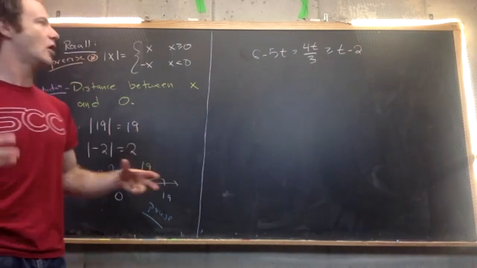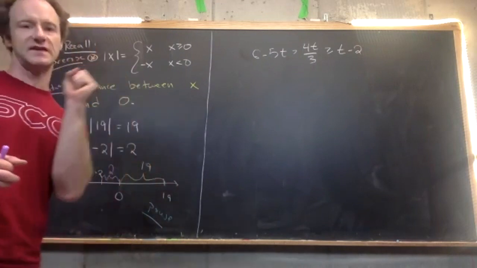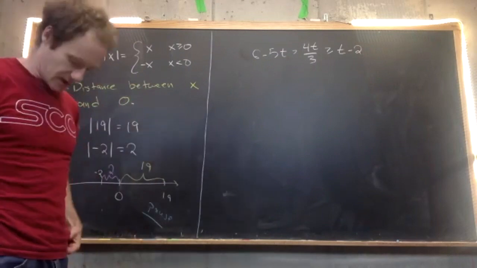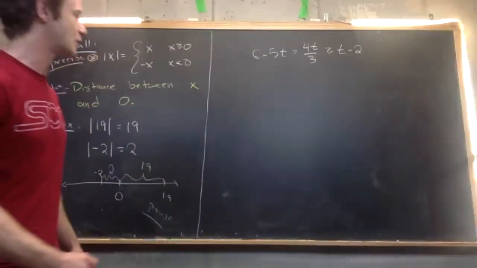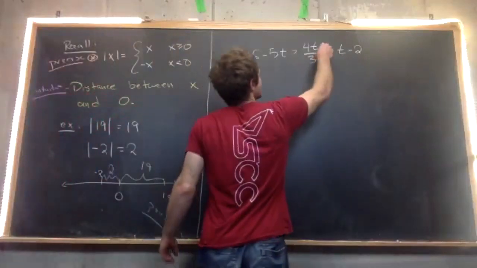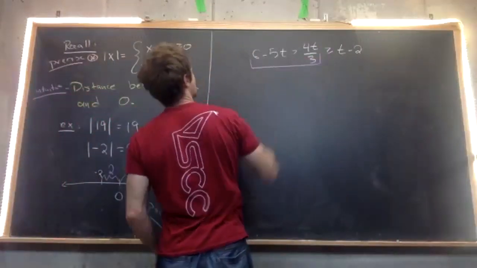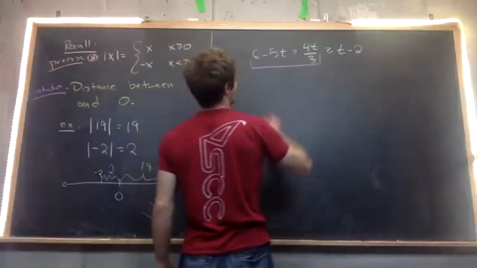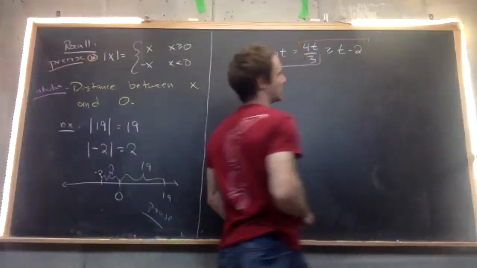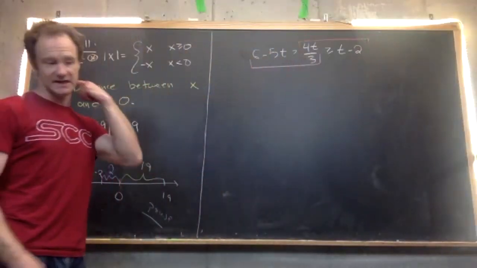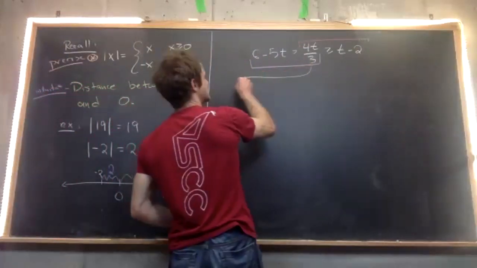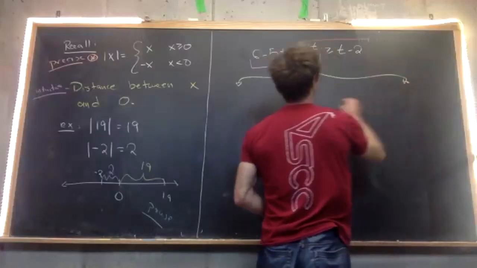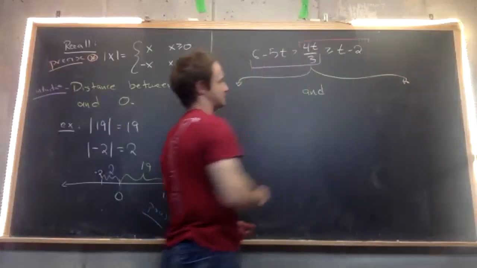There's no real hope of getting only t in the center because we have t's all over the place and they have different coefficients. So you want to think about this as this inequality that I'm underlining in purple and this inequality that I'm overlining in red. That's going to split this thing into 2 inequalities with an and between them.